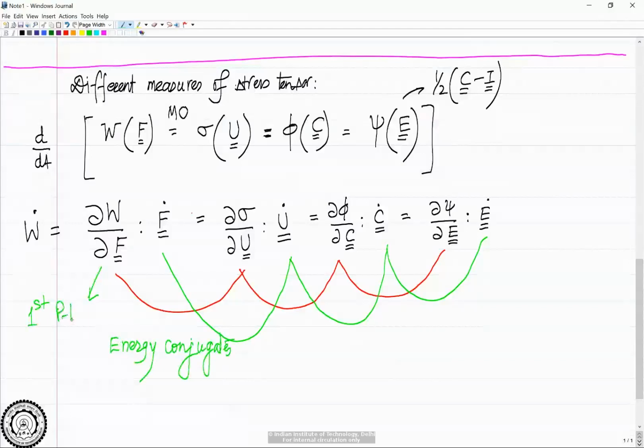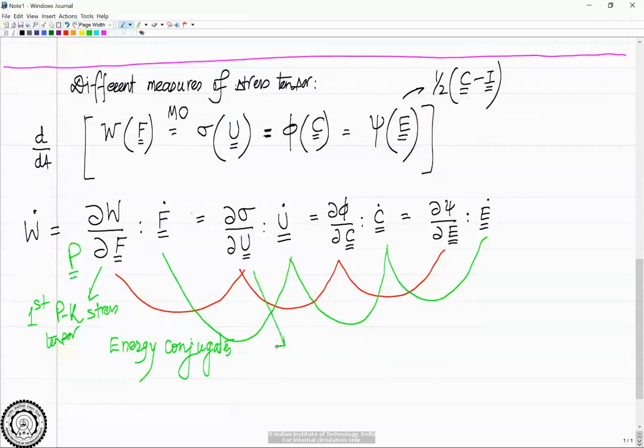First Piola Kirchhoff stress tensor, which is the conjugate of F dot, because it is appearing with a double contraction of F dot. So we say that the first Piola Kirchhoff stress tensor, which we also denote by P, is the energy conjugate of F dot.